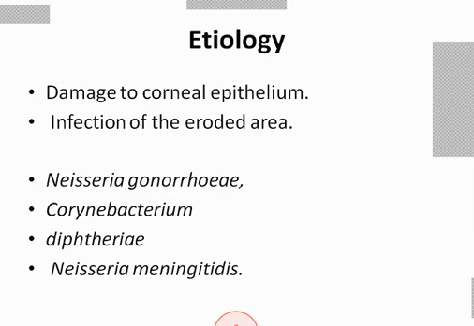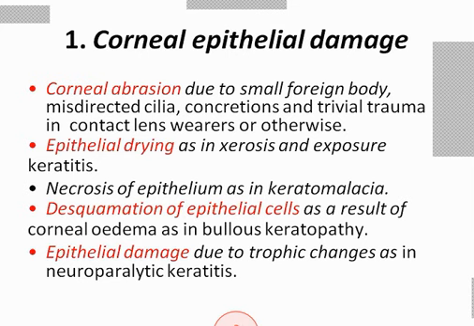Damage of the corneal epithelium and infection of the eroded area: Neisseria gonorrhoeae, Corynebacterium diphtheriae, Neisseria meningitidis. These are the organisms which can penetrate even the intact corneal epithelium. So it's very important.